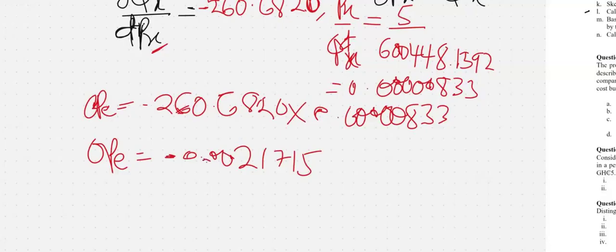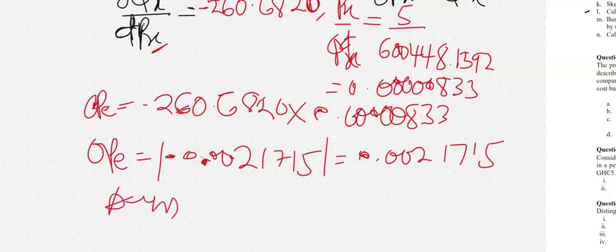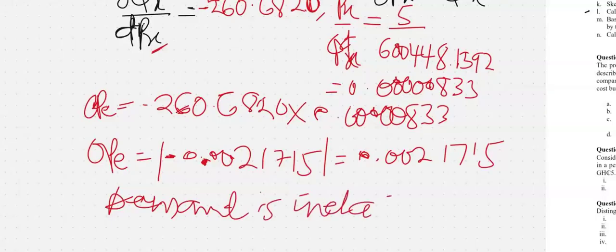And what do we do with own price elasticity? We find the absolute figure, 0.0021715. So here we would say that demand is inelastic.